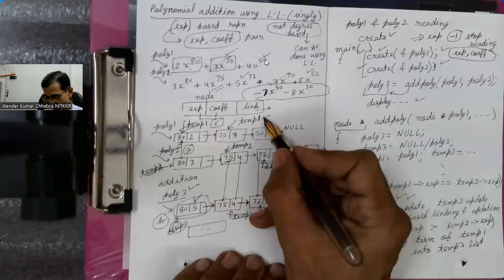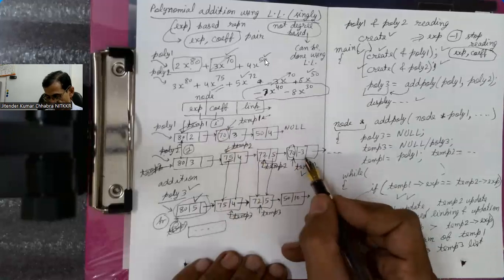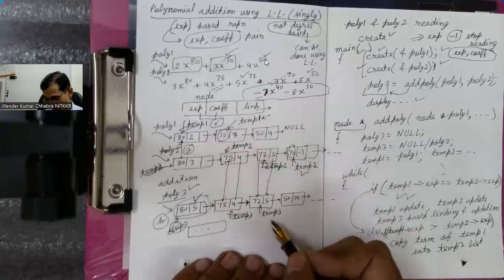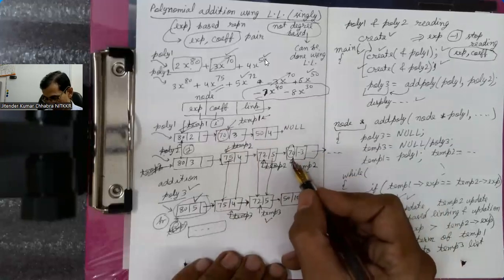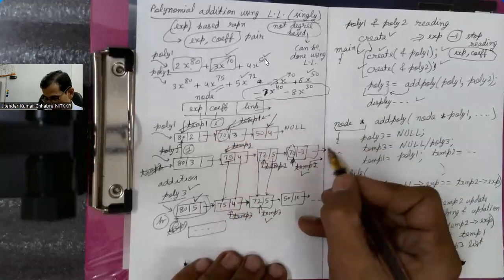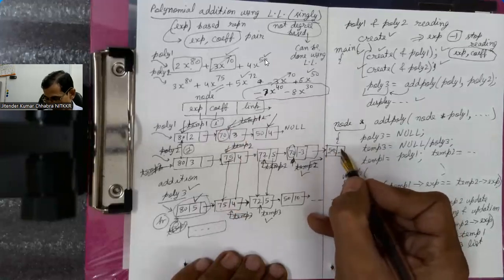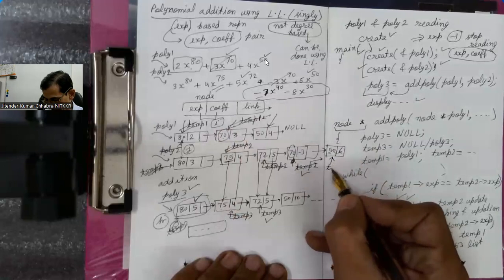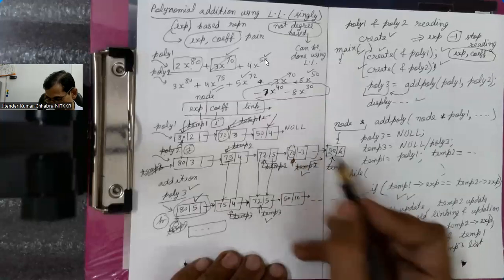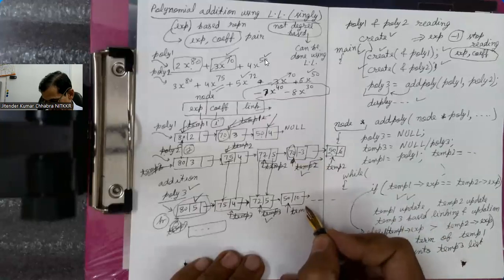Now again, temp2 versus temp1, exponent same, their coefficients to be added, but because they are cancelling each other, data is not to be stored, temp3 remaining here, but temp2 will also shift to next, temp1 also will shift to next. After this, let's say we have here 50 and 6, so temp2 comes here, temp1 also shifted. Now again 50 and 6 plus 4, 10. So that will mean a new node created, temp3 shifted.